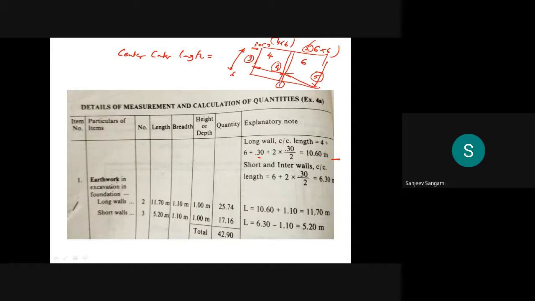Then you will get 6.3. It is already similar to the problem we solved earlier. So how exactly can the long wall length be calculated? Apply the same formula we already discussed.